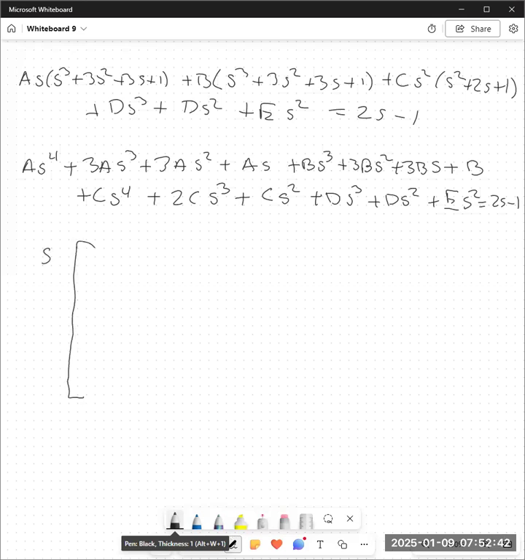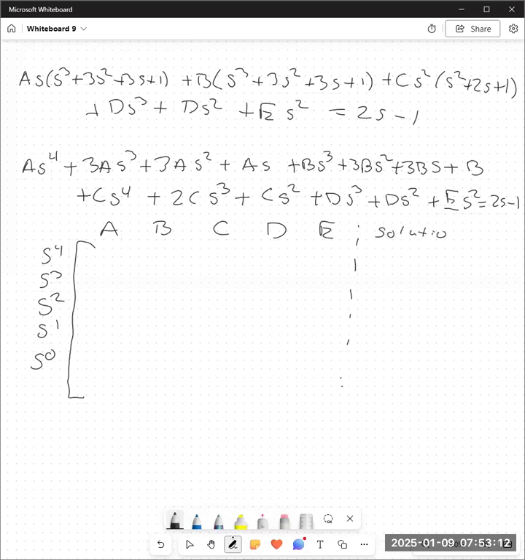So this is my equation for my s to the fourth terms, my s cubed, my s squared, my s to the first, my s to the zeros, and I have a column for a, b, c, d, e on the left-hand side, and then whatever my value is for my solution on the right-hand side.